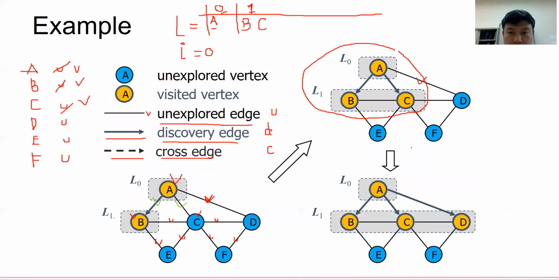I can set this one as discovery, and then D changes to visited, and then D now has been placed here.